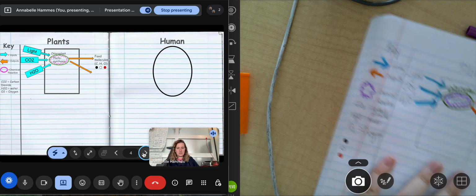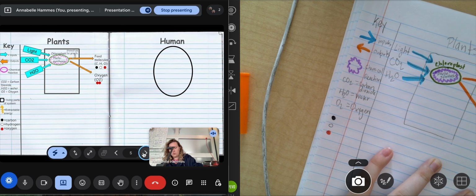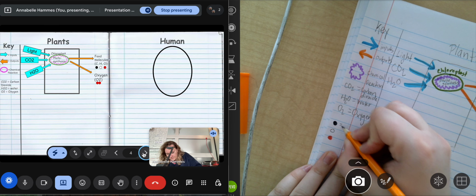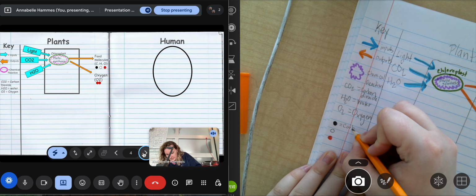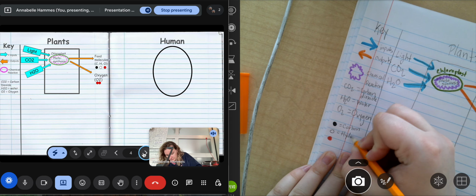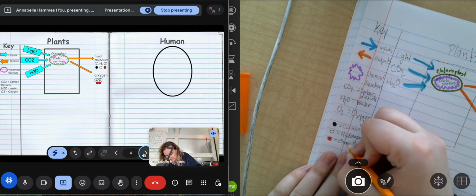And in our key over here, oh my gosh, we added a lot. We're going to be adding carbon, hydrogen, and oxygen.